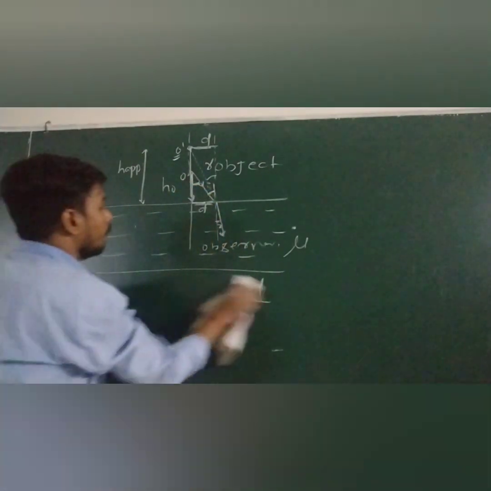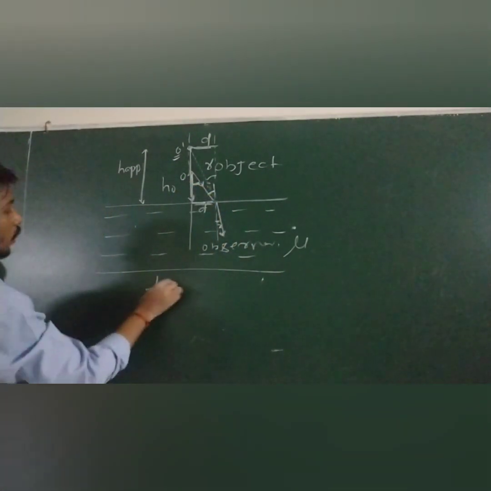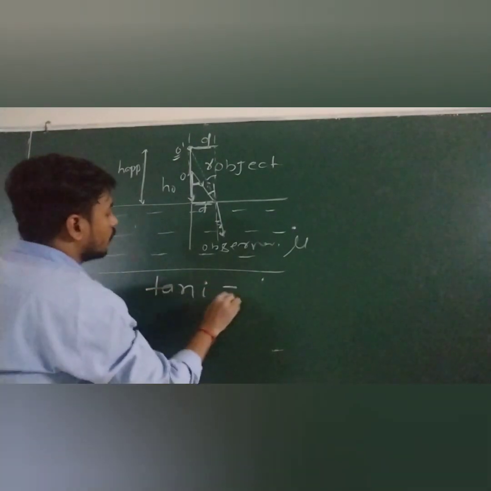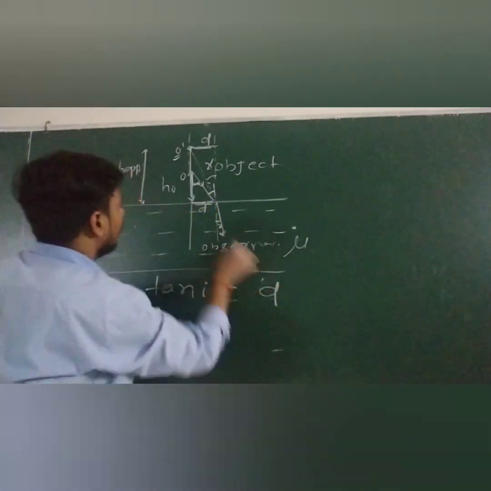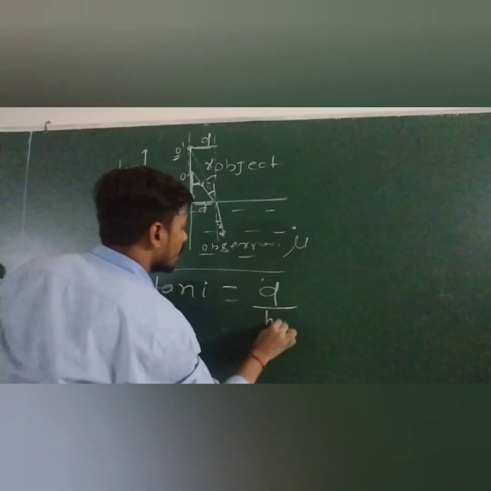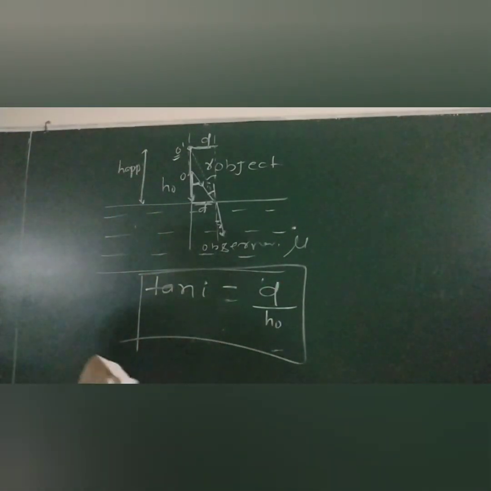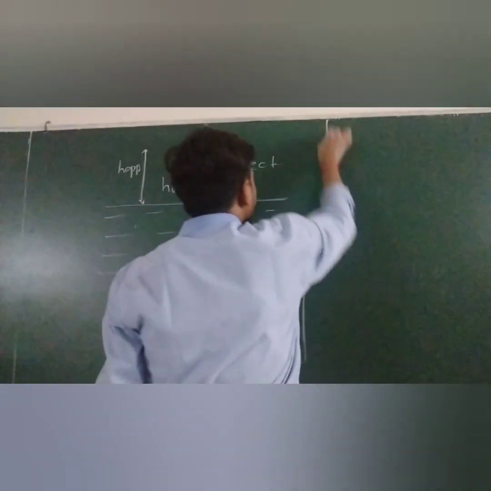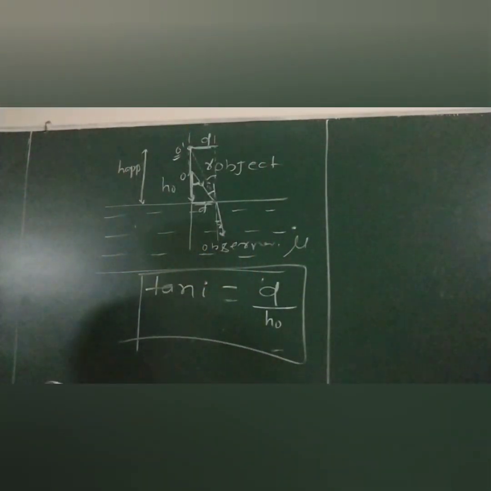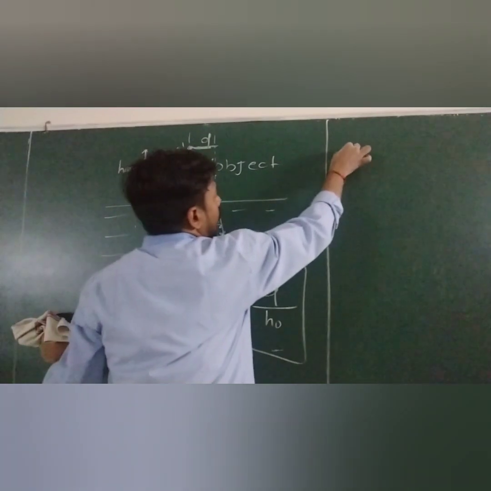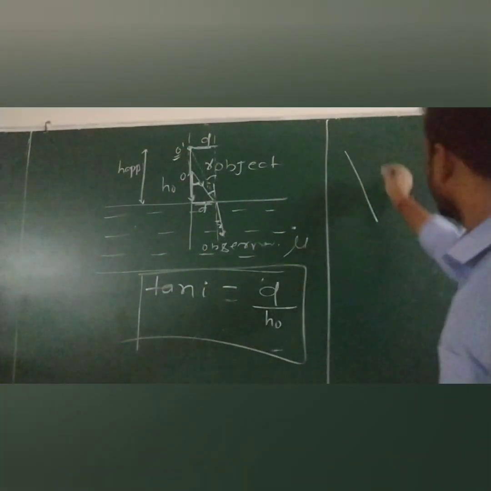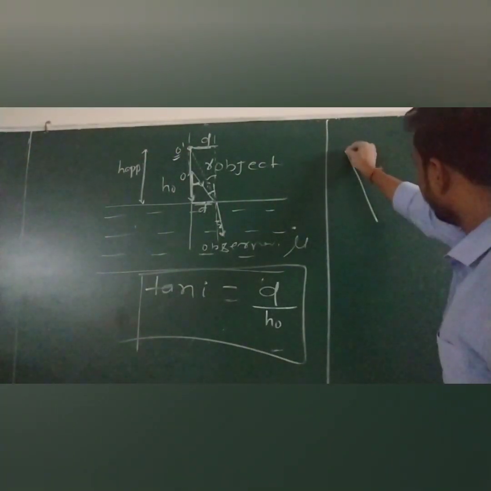Don't apply sin i, apply tan i. So tan i is equal to D by, this height being h0. Okay, fine. Second case, see, now another triangle you can see here. This is the one triangle like that.